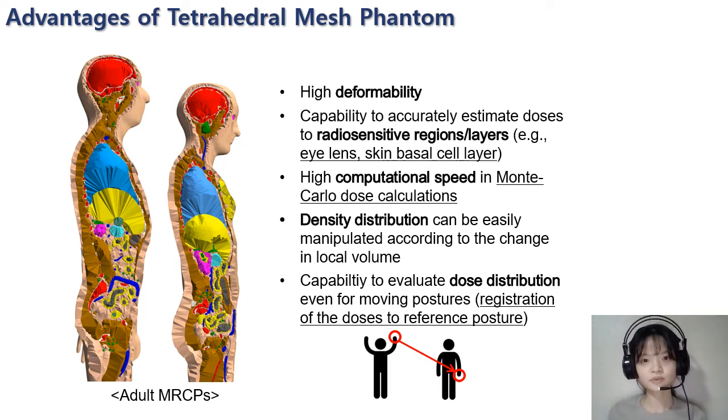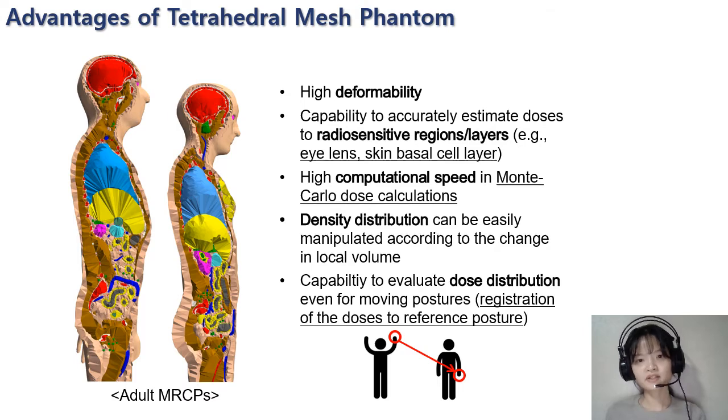The next two reasons are about the characteristic of the tetrahedral mesh, that it is a volume mesh. Firstly, as a tetrahedral mesh is a volume mesh, it consists of a number of tetrahedra with confined volumes, so that local density can be easily manipulated.